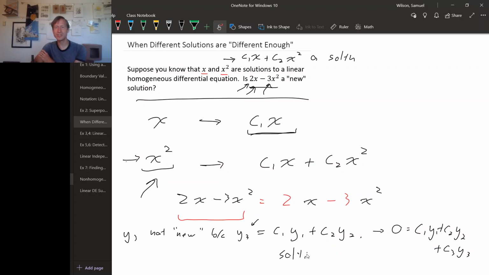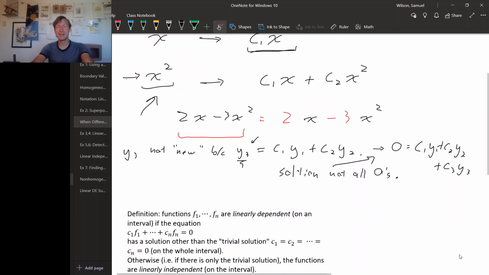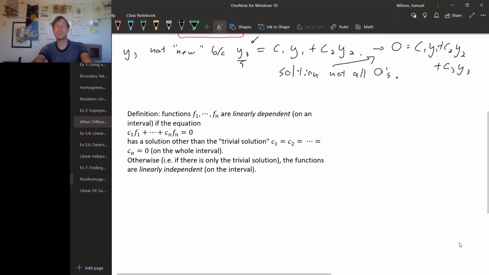There is a solution to this equation with not all zeros for our c's, right? That's what let us rearrange this to get y3 by itself. And so that's how we'll define solutions being different enough. And this idea is called linear independence.